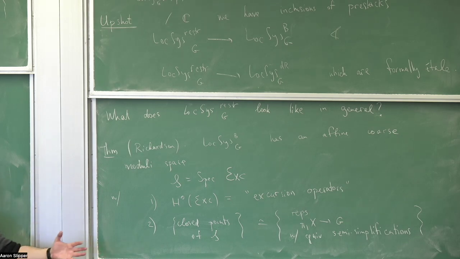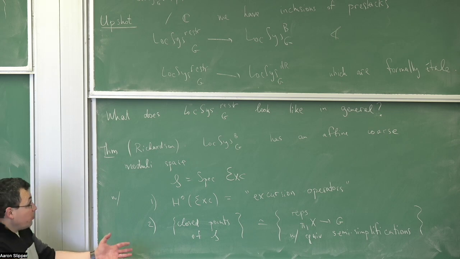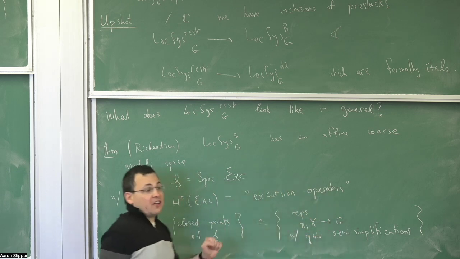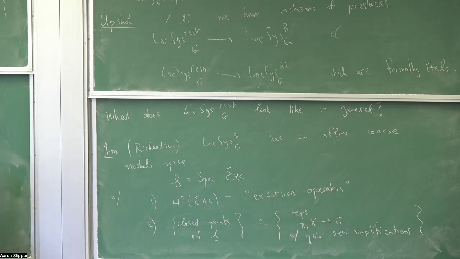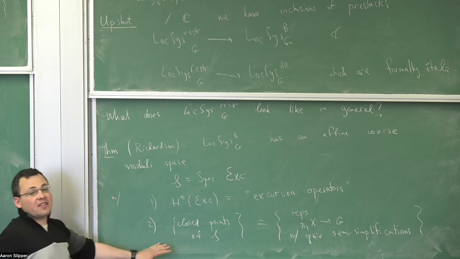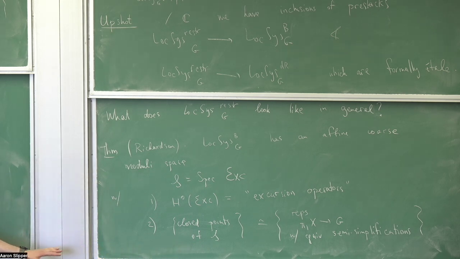The connected components are exactly the semi-simple types of representations. This is what in general indexes connected components. We'll see that this is what indexes points of this space, and that's exactly the same as what indexes connected components of this restricted space.